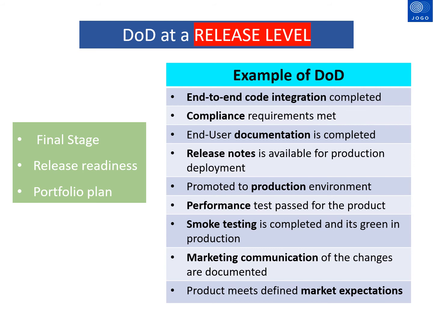Some of the checklist items are: end-to-end integration is completed, compliance requirements met, end user documentation is completed, release notes are available for production deployment, promoted to production deployment, performance test passed in the product, smoke testing is completed and it's green in production, marketing communication of the changes are documented, release meets all the market expectations.